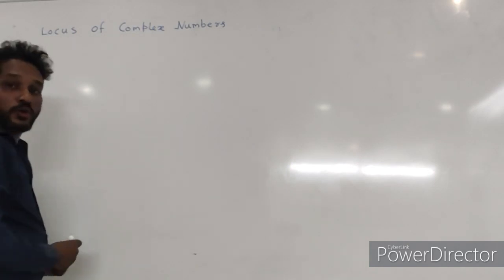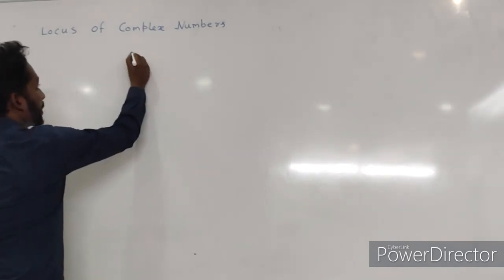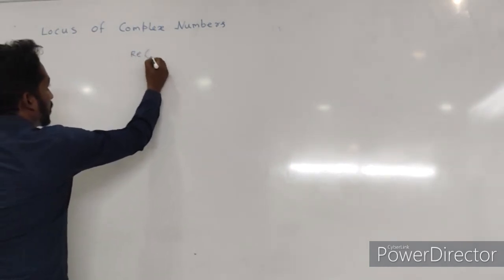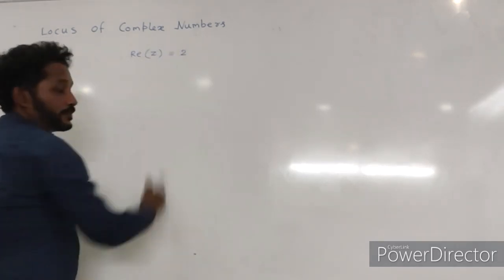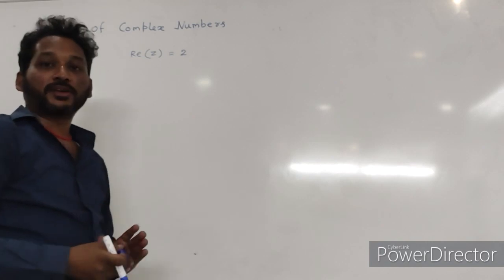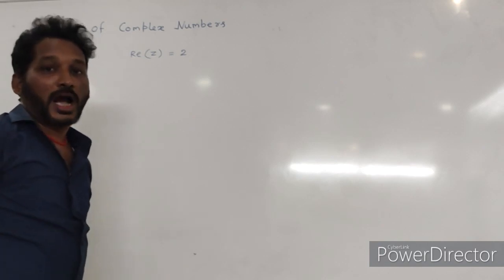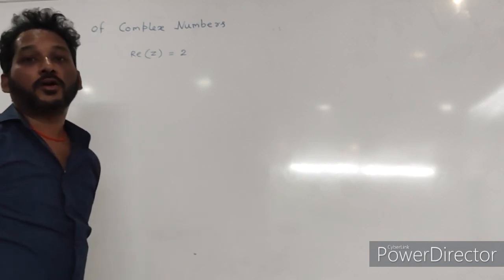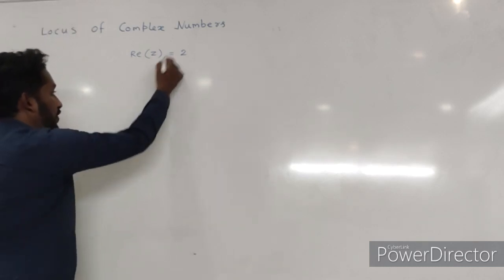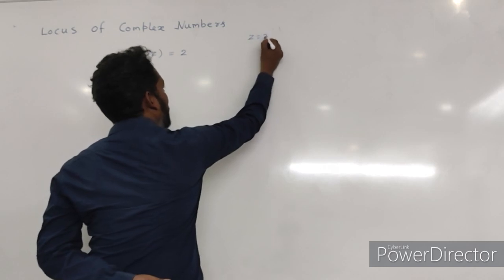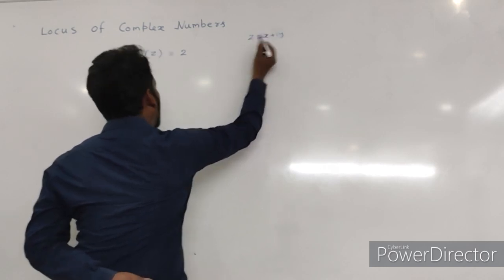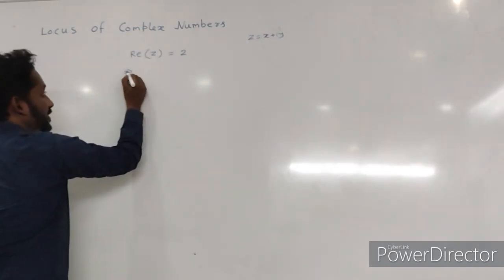Now suppose we want to find the locus of z for which the real part of z is equal to 2. The equation is given that real part of z is equal to 2. I need to draw the locus of z. For that we can consider that since z is equal to x plus iy, real part of z is nothing but x.